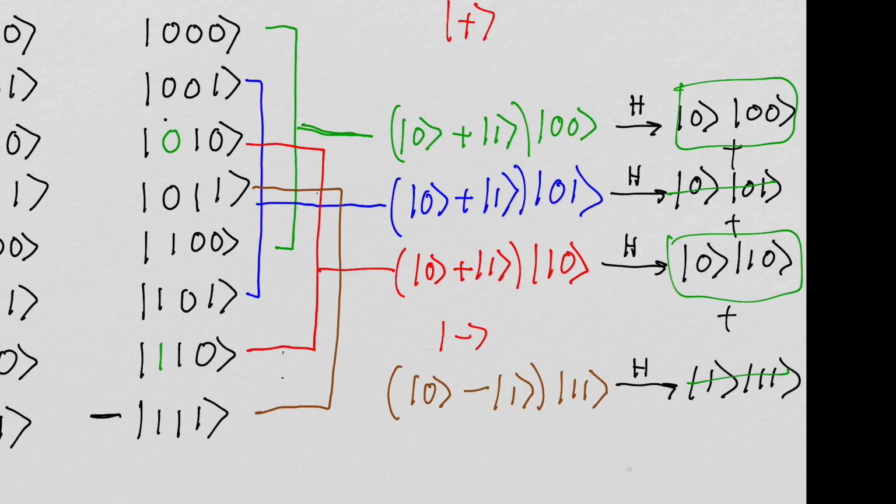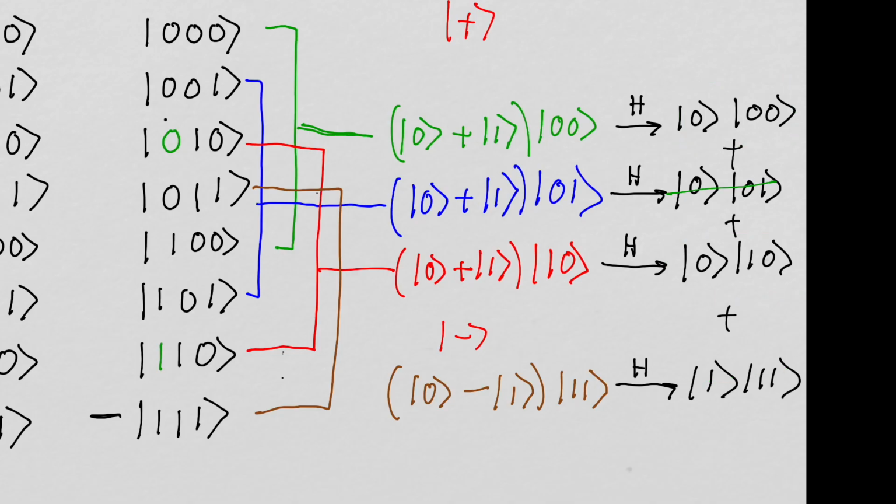What I do know for sure is, because I measured a 0 in that third qubit, I know for a fact that the first qubit will be in the 0 state. It is absolutely certain. But I'm not sure about the second qubit. It could be 0 or it could be 1, right? I don't know if I'm in this state or in this state. So it collapses the superposition just enough so it defines the property of the Toffoli gate, but it doesn't tell you the property of the entire quantum computer.